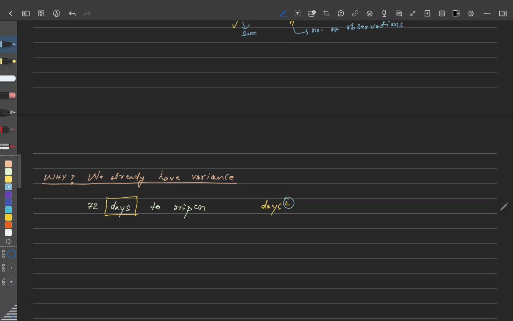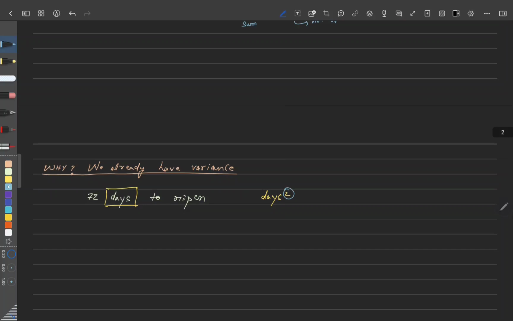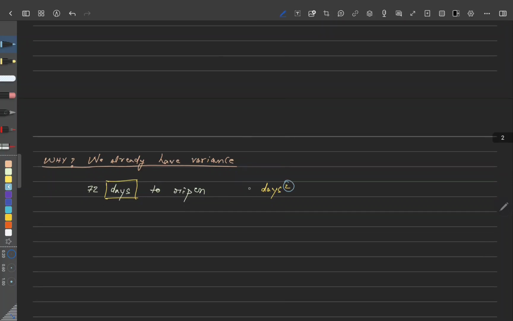Now this is a bit harder to grasp or interpret. Let's say the variance of this comes as, for example, 144 days square. What does this quantity mean in terms of the observations that we are seeing?